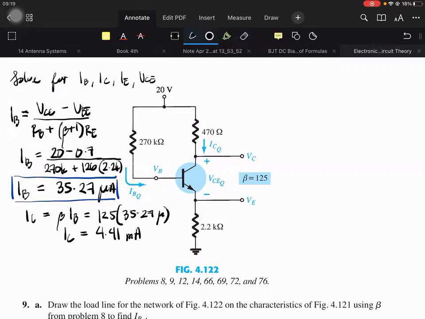But let's try to obtain the more accurate numerical value. IE is beta plus 1 IB, so 126 times 35.27 micro. IE is 4.44 milliamperes, maybe.